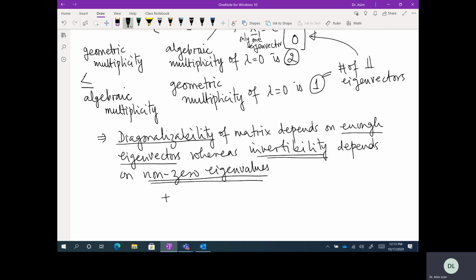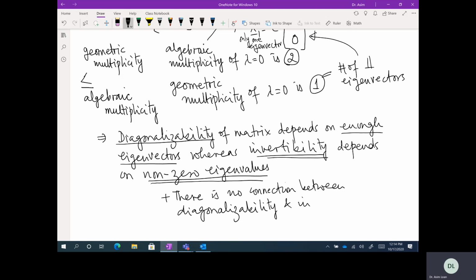So there is no connection. I cannot reiterate enough, there is no connection between diagonalizability and invertibility. Both are independent.